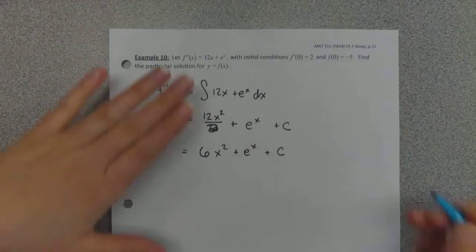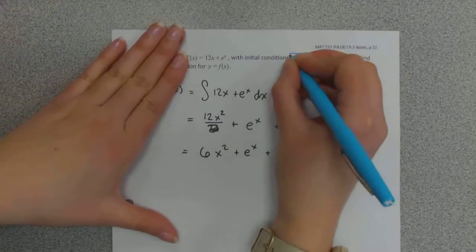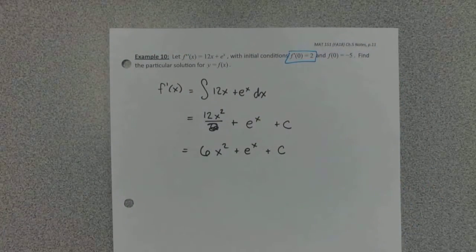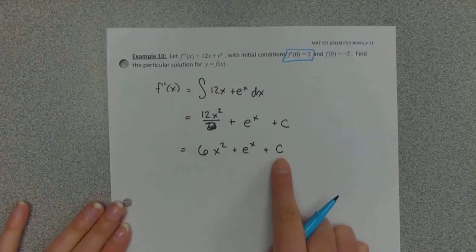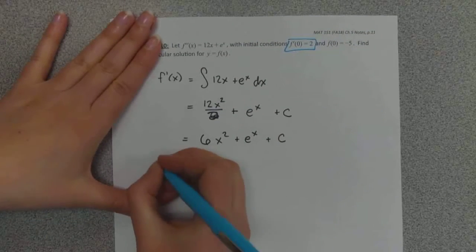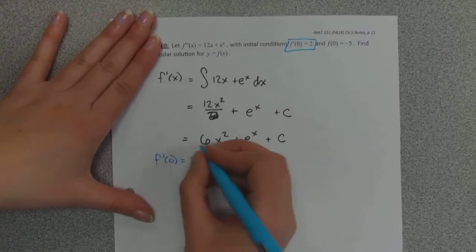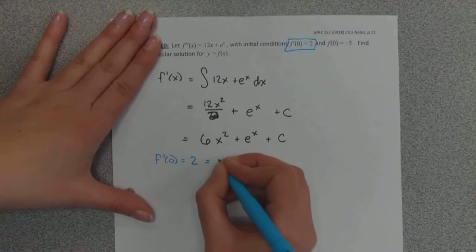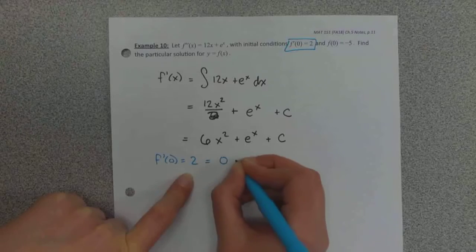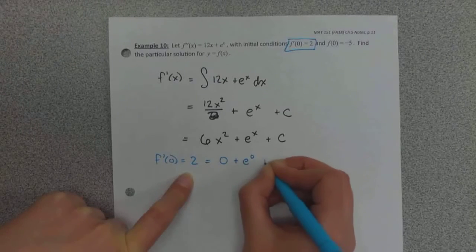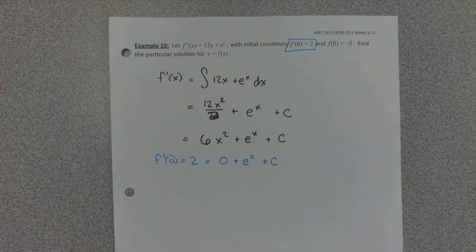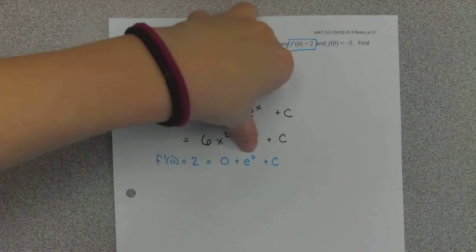So I have one initial condition right here that is for the first derivative, right? So I'm going to use that to find out what the value of this c is. Okay. So f prime of 0 is equal to 2. That means that when I plug in 0 here, I'm equal to 2. So 2 is equal to 0 plus e to the 0 plus c, right? e to the 0 is 1.